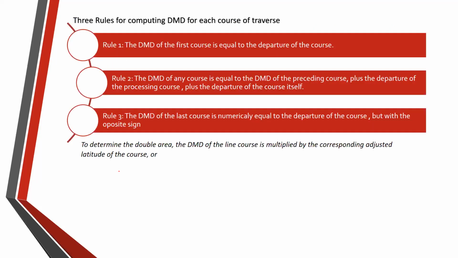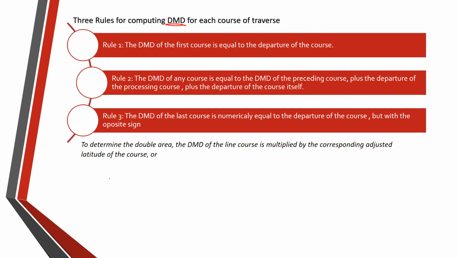And we have a set of 3 rules for computing the DMD for each course of the traverse. Yung DMD po, again, that is your double meridian distance. It has a value. So, tingnan natin yung rule number 1. So according to rule number 1, the DMD of the first course is equal to the departure of the course.